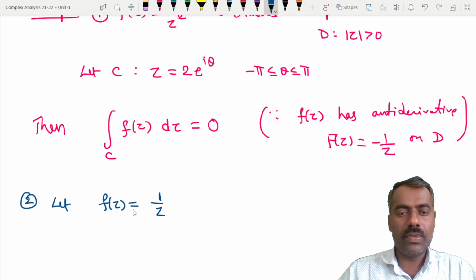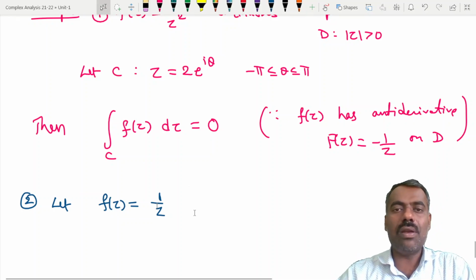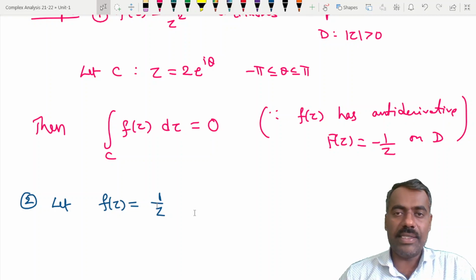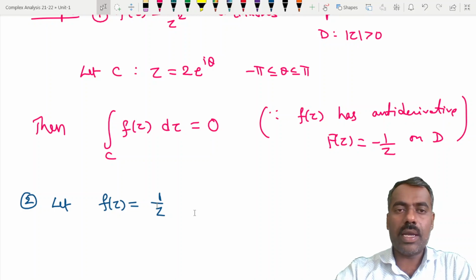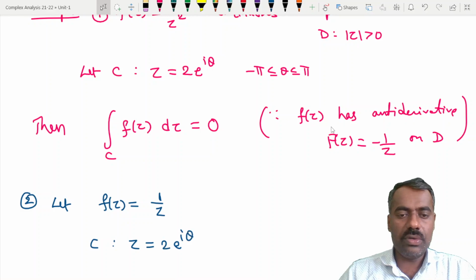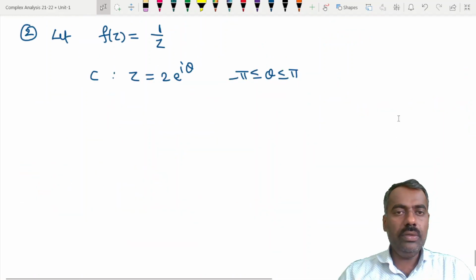Then even though it has an antiderivative, we know the antiderivative is log z, but log is a multi-valued function and it has a branch. So if we take a contour, say suppose, then take this C. C is the same, z is equal to 2 into e power i theta, with theta from minus pi to pi. Then how does this look?